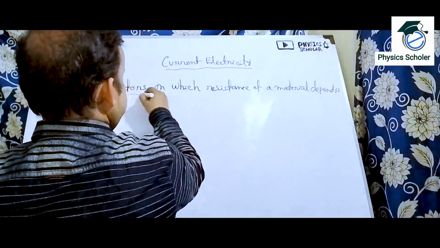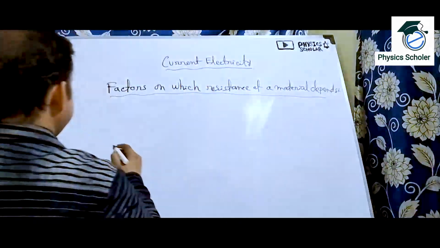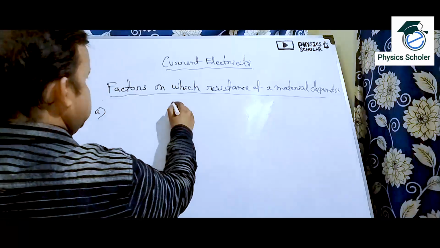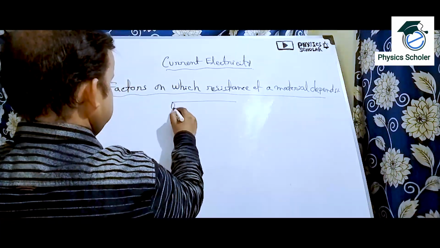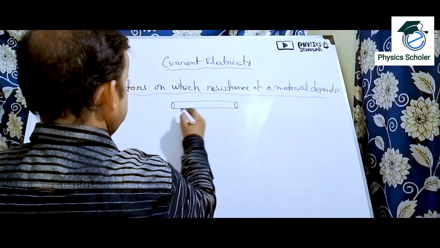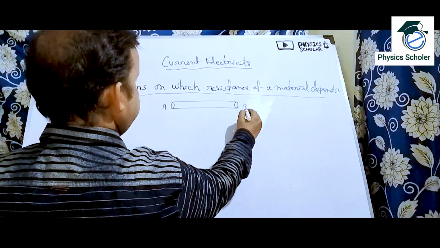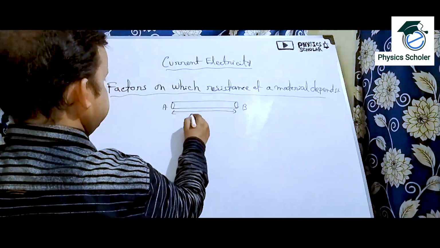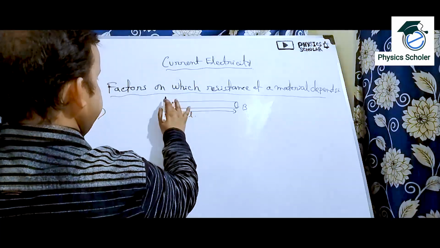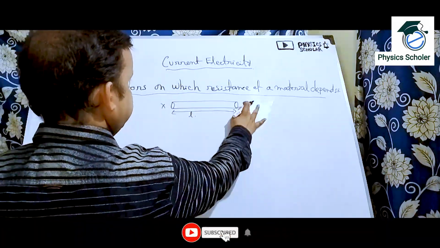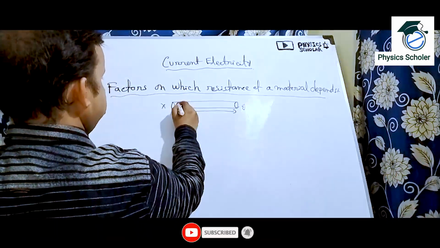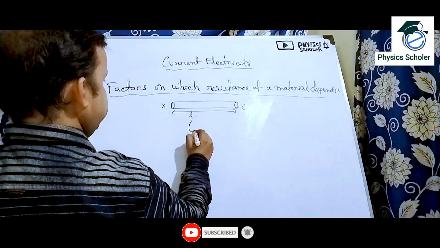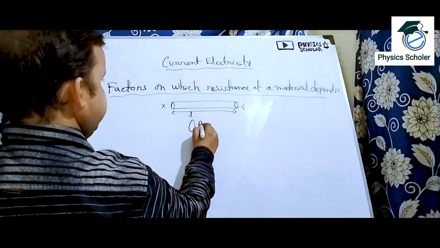First, suppose this is a conductor or any material, and the length of this material is L, and the cross-sectional area, suppose it is XY, the cross-sectional area of the material, meaning this one, is A.